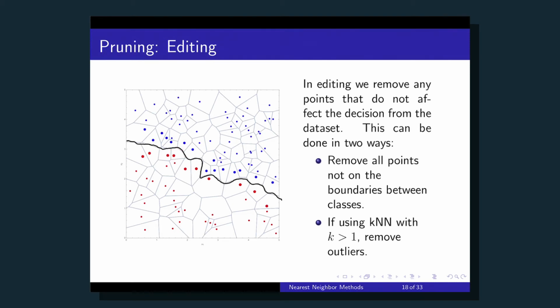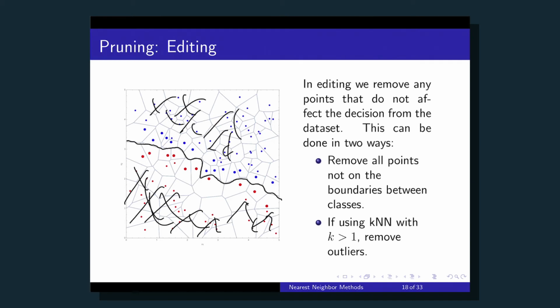So I can technically get rid of all of these points and all of those points. And notice I mean the smaller size ones. I've enlarged the border points, so I can get rid of most of my points as long as I keep the border points.